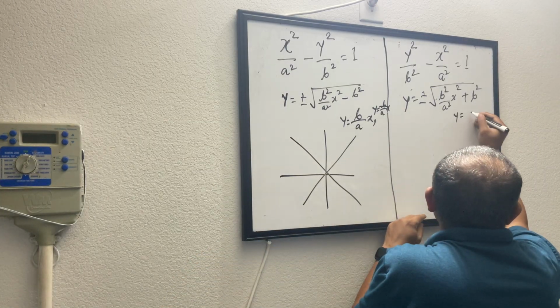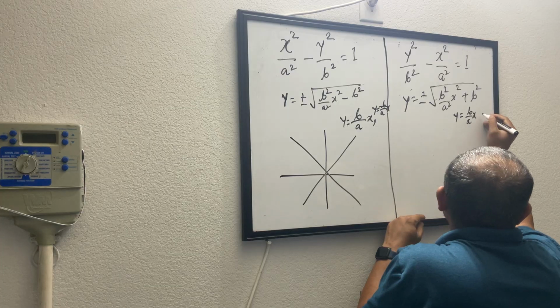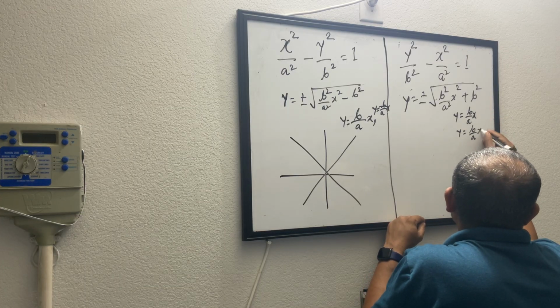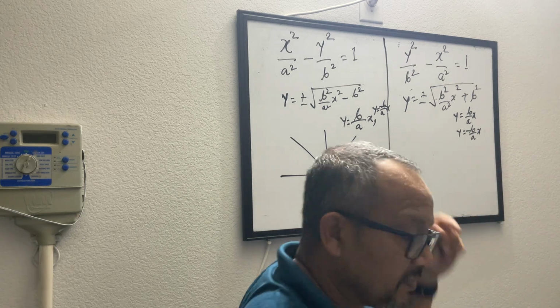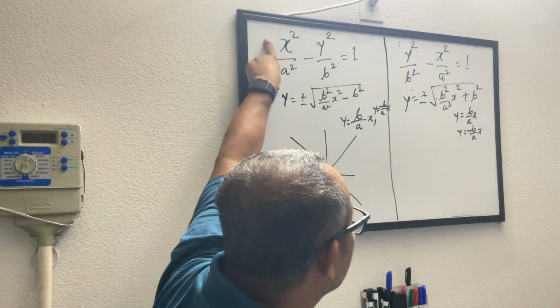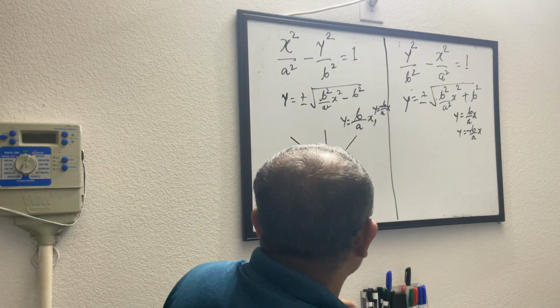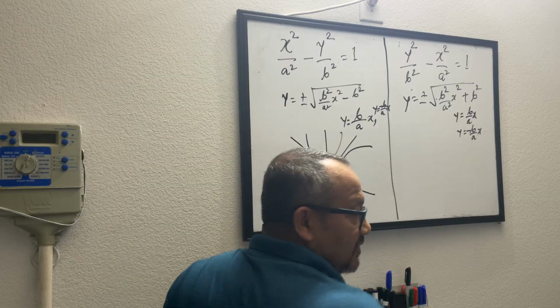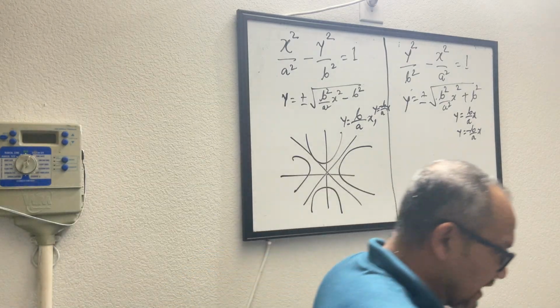One asymptote will be b by a times x, the other one will be b by a times minus x. So the asymptote will be the same. When you have the equation, your asymptote will be the same. The question is whether the hyperbola is like this or like this. That is what we are trying to figure out.